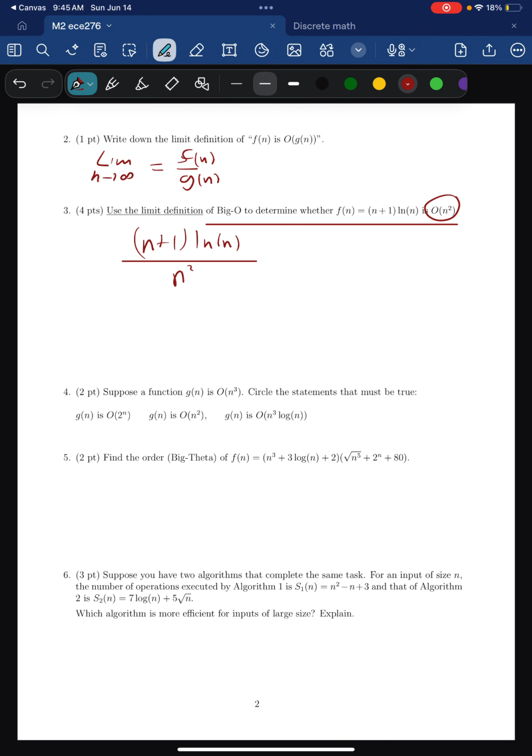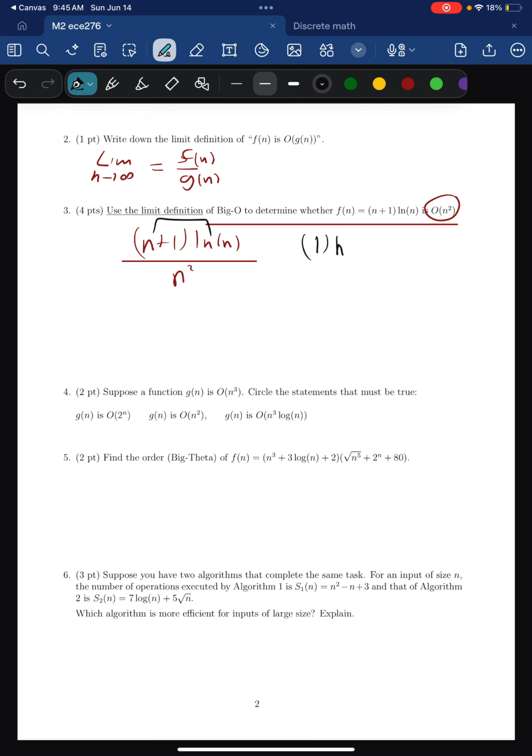There's a lot of ways to go about this, but my favorite way is to just keep deriving it until you get a constant. So you got to do product rule for these two. Then I'm just going to skip the steps because these are pretty simple derivatives.